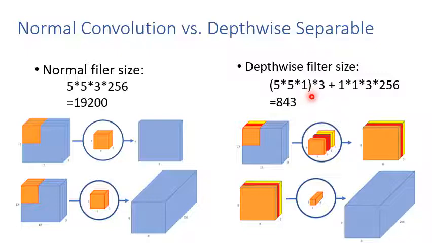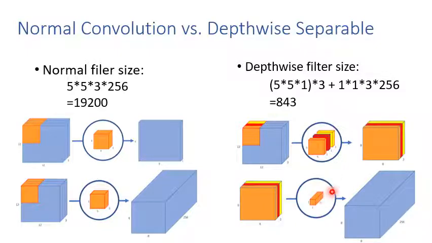But in the depthwise stage, the number of parameters is actually the same as one normal filter. Okay. The key point is in the pointwise convolution. After the depthwise convolution, we have 3 feature maps, and now we only need a 1 by 1 by 3 pointwise filter to combine the feature maps and generate output.